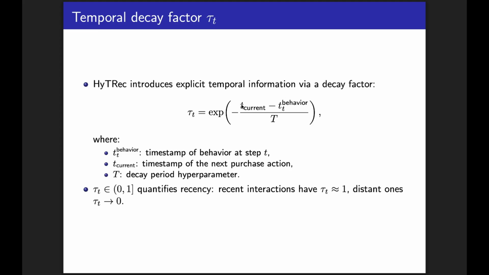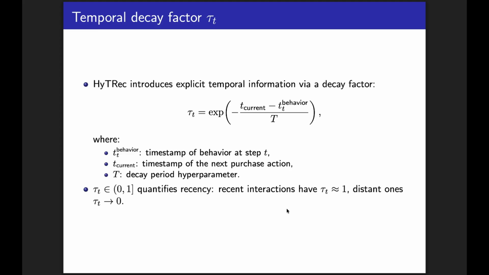And what we have inside the round bracket, the capital T, is a hyperparameter. So it's fixed, nothing changes. It is the decay period. So it helps us control how fast the model forgets old behavior, from a high level perspective.